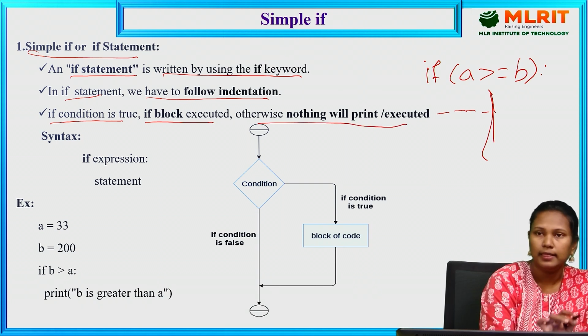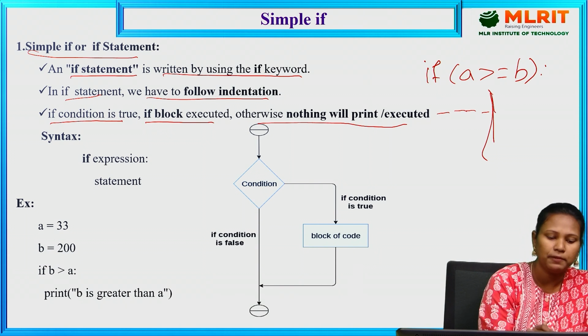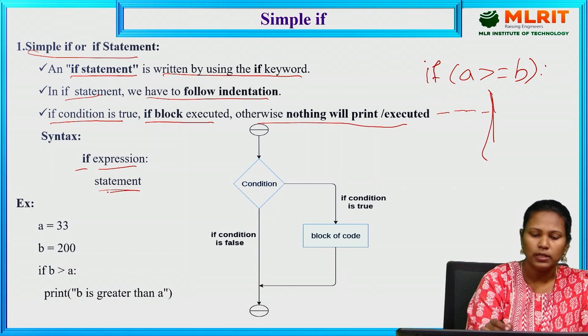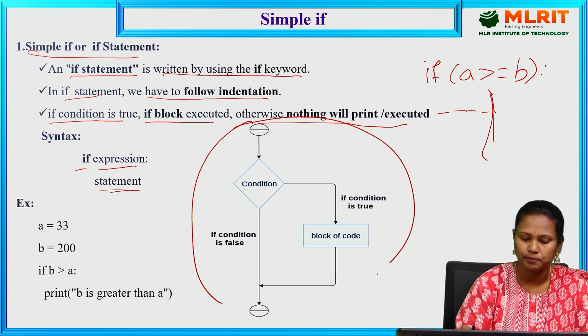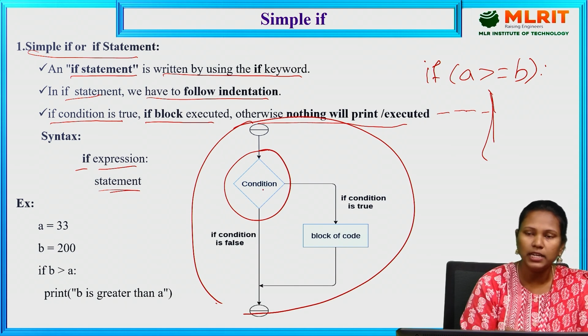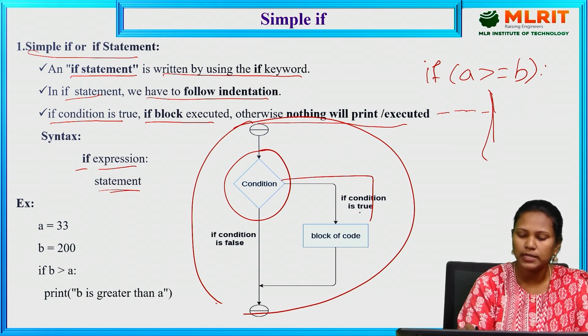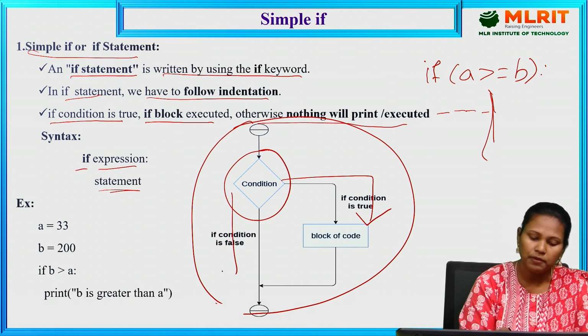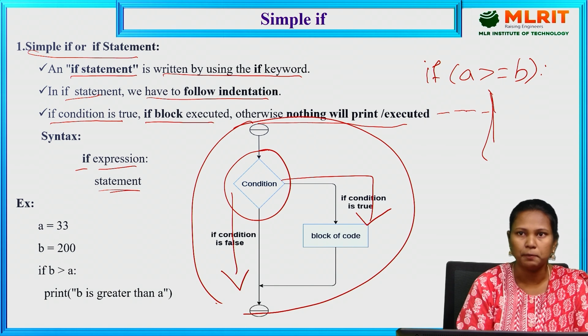Here the syntax for the simple if is: if condition, and then the block of statements. The flow chart for if is: first we need to check the condition. If the condition is true, we execute a particular block of statements. If the condition is false, those statements are not executed.